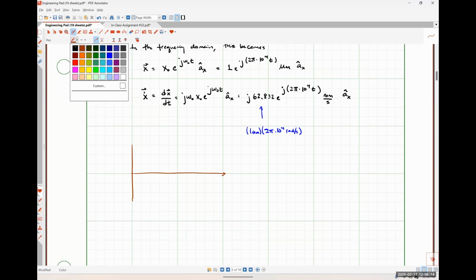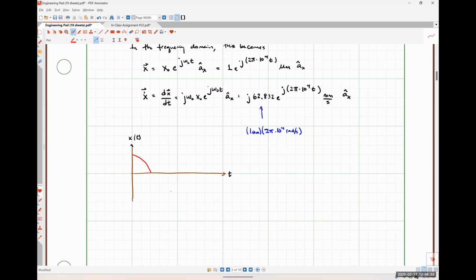If this graph is my displacement as a function of time, and I'll do my displacement in red, we called it a cosine function. So it'll start here, not including any phase shift or anything like that.